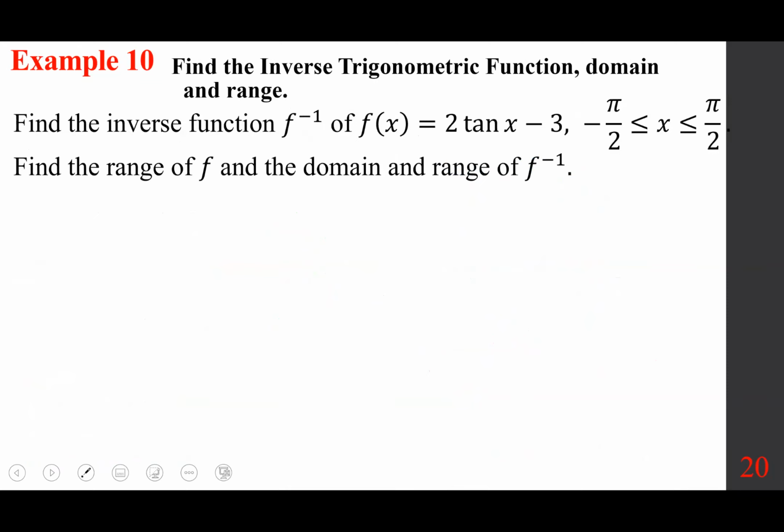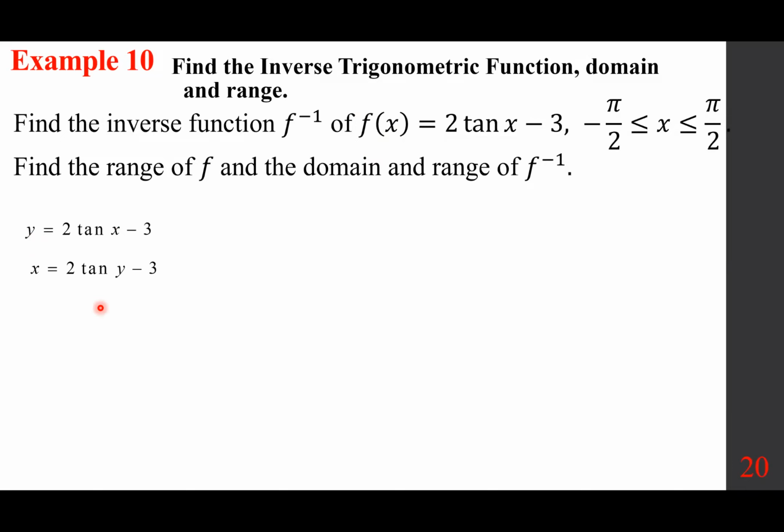For this function, the domain is given and we want to find f inverse. Again, quickly we change this to y. That's the first step. Interchange x and y. Right here we have the inverse.